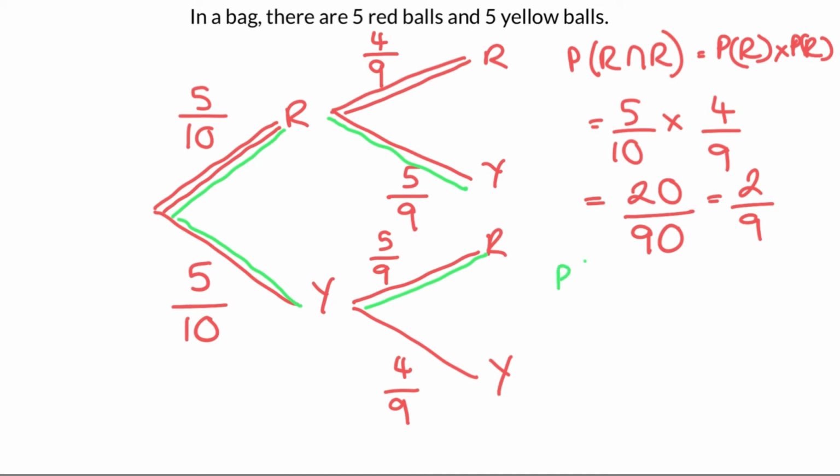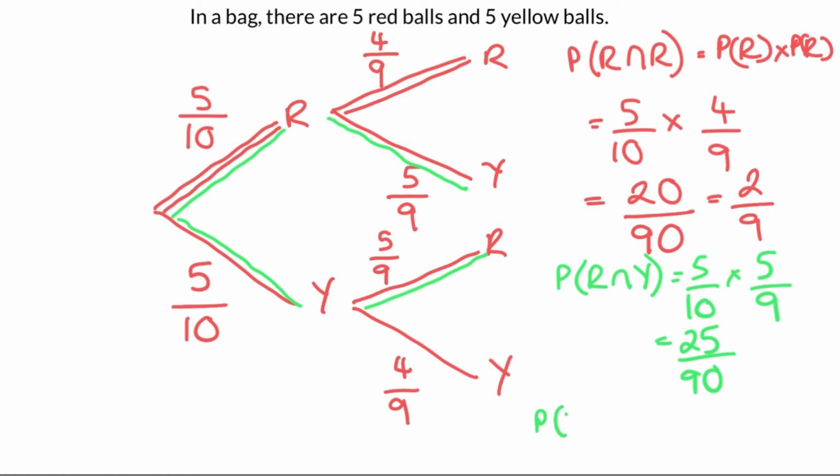So the probability of the first one being red and the second one being yellow is 5 over 10 times 5 over 9, which gives us 25 over 90. So then we want the probability of the first ball being yellow and the probability of the second ball being red. So we'll do 5 over 10 times 5 over 9, which gives us 25 over 90.